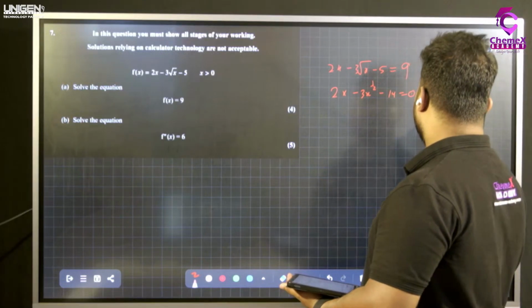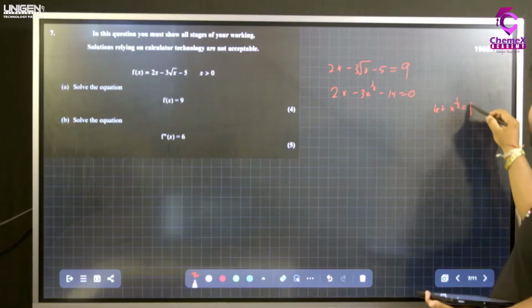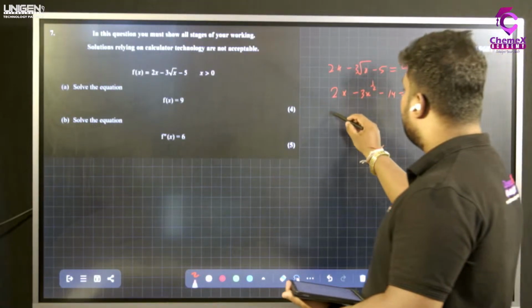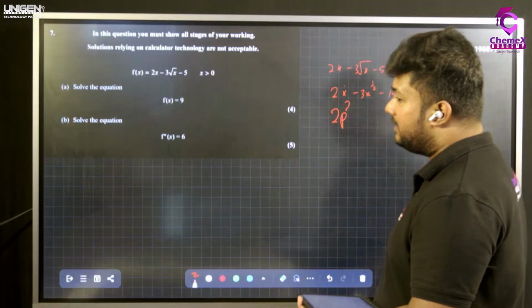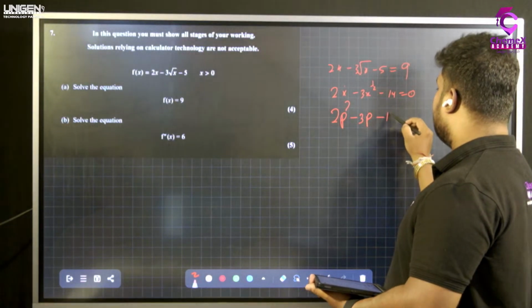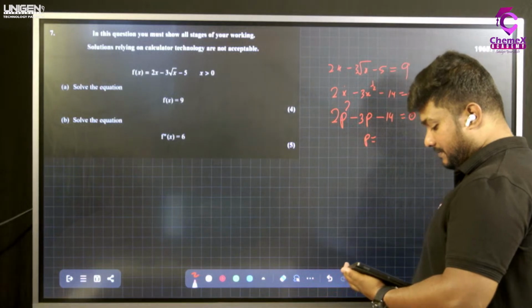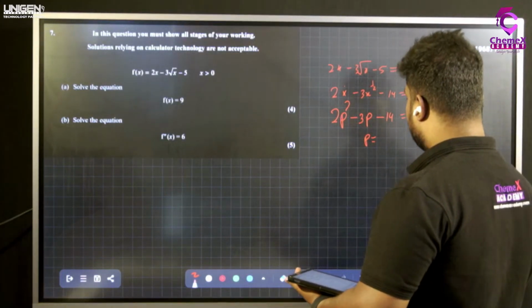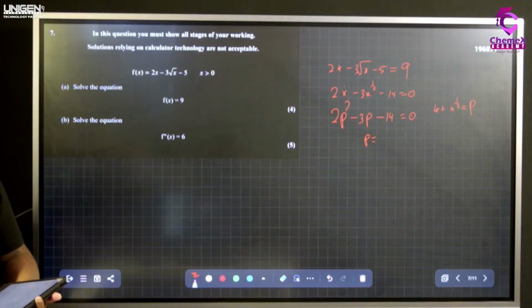So let x to the power half be some number you like, maybe p. So 2p squared minus 3p minus 14 equals 0, whatever letter you take. So what are the two answers for p you get? If you solve this quadratic, what do you get?